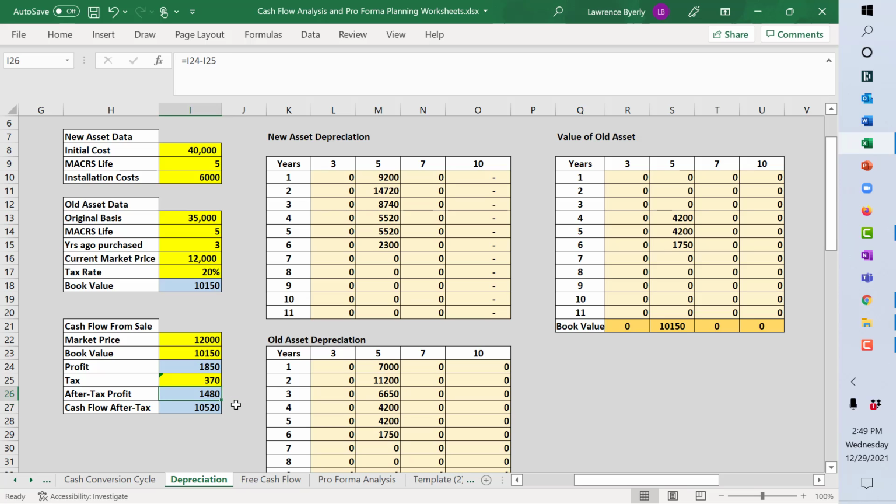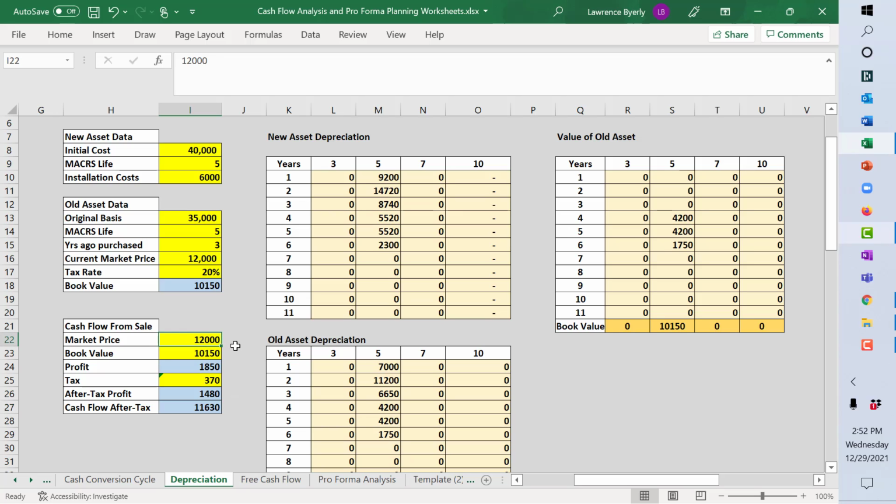So the total after-tax profit is the profit of the sale minus the tax. So as you can see, here is our profit after tax. That's the profit on the sale, that is. Now, what is the cash flow after tax? Well, you take the market price.